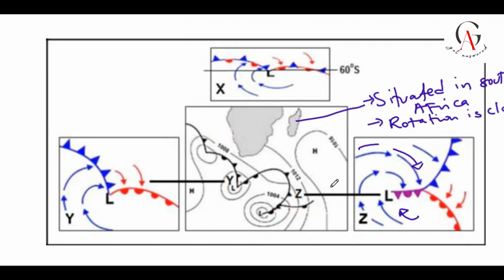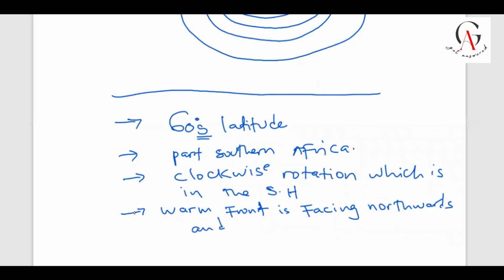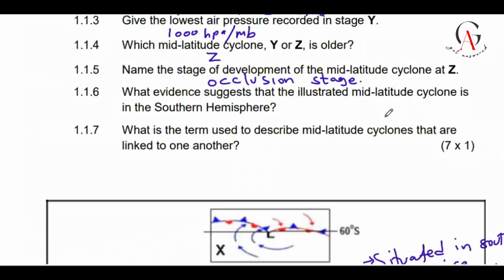And as well talk about, and we say that the warm front is facing northwards, and the cold front facing southwards. All right.